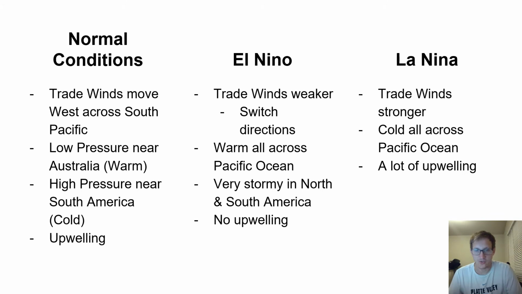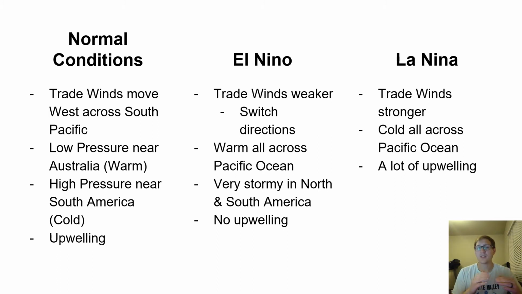blown to Australia. All right, so in periods of El Nino, the trade winds are really, really weak and they actually switch directions. What ends up happening is that there's not enough wind to cause upwelling. That means that the entire Pacific Ocean is going to be relatively warmer.